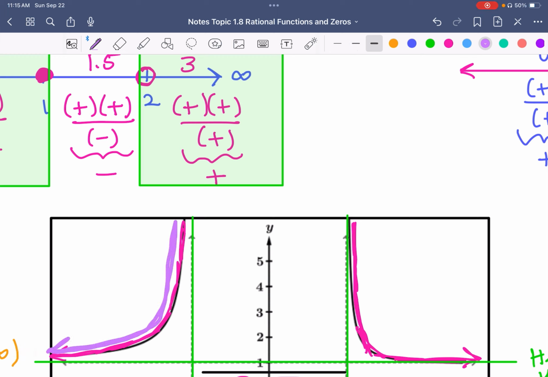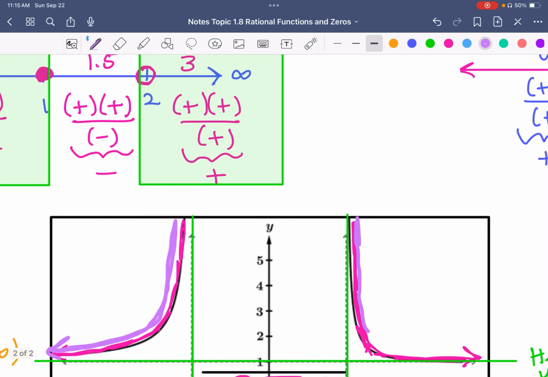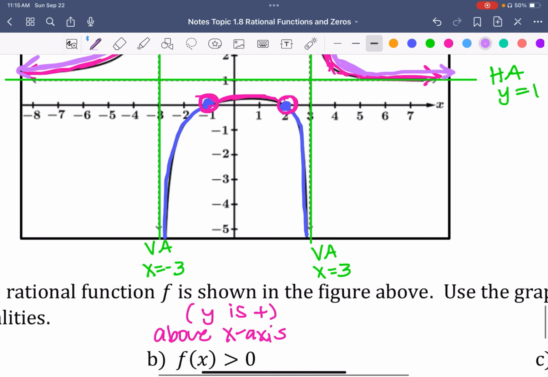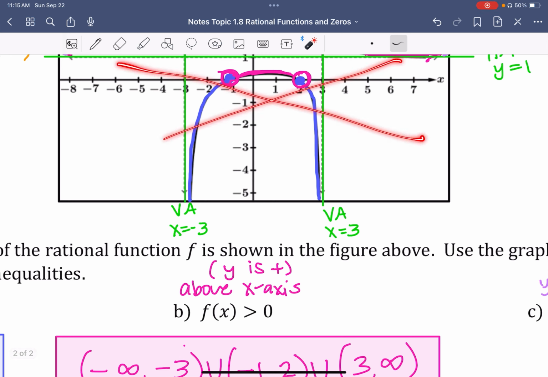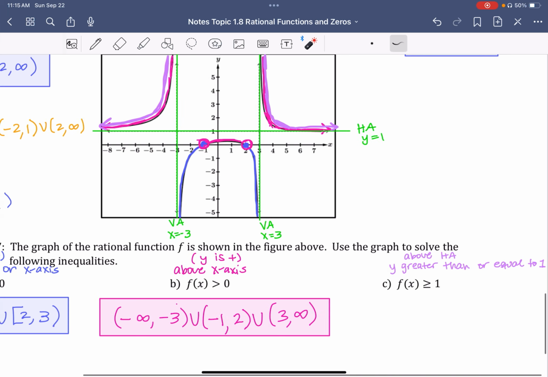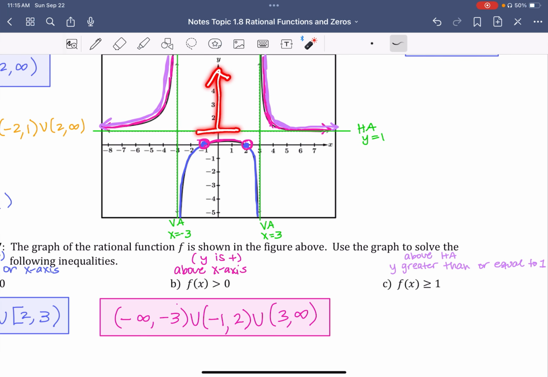Okay, so that would just be the very far left and far right of the graph. Here's the horizontal asymptote, we are not going to be including any of this over here. We are not including this little part or anything below. Okay, it is strictly what I have in purple, whatever is above the horizontal asymptote, which are where y is greater than or equal to 1, right?